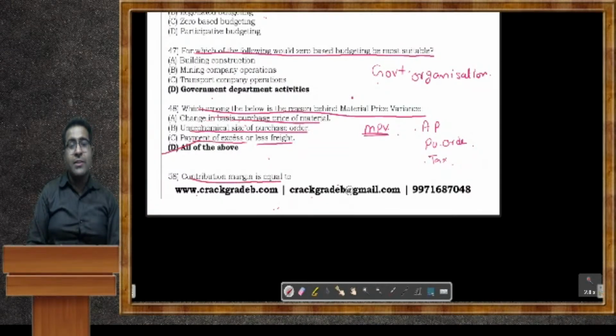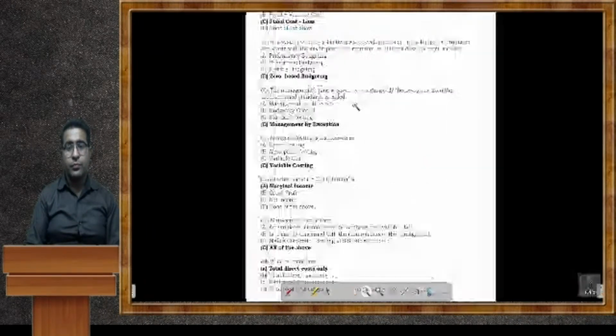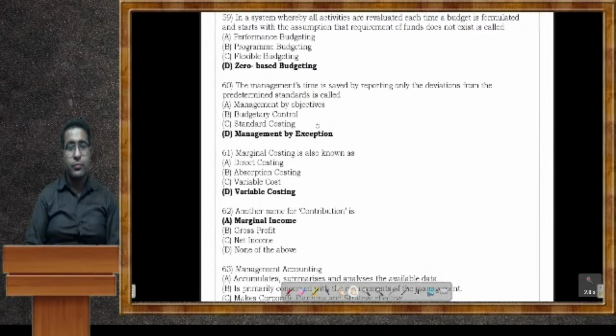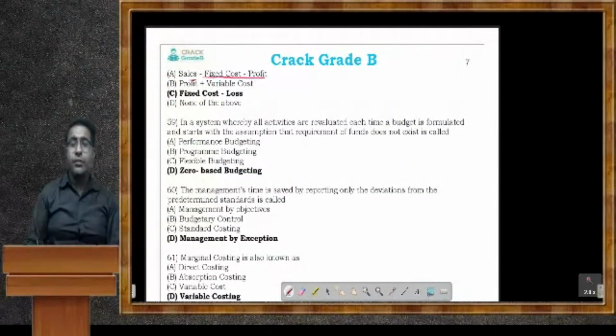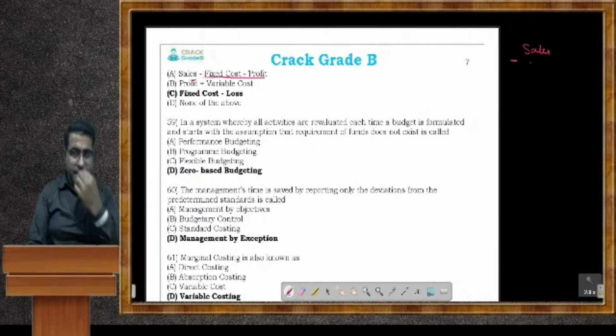Contribution margin is equal to sales minus fixed cost minus profit? No. What is the formula of contribution? Just look at it. From the sales, we have to deduct variable cost, then we will get contribution.